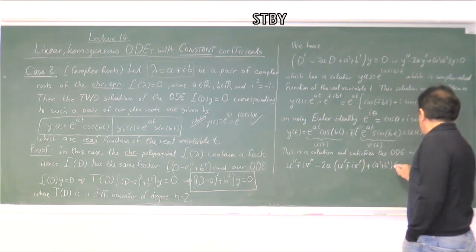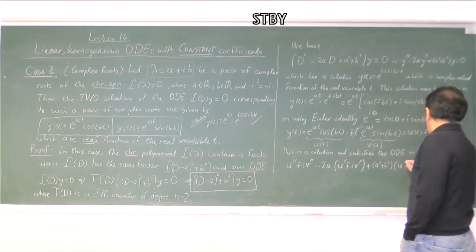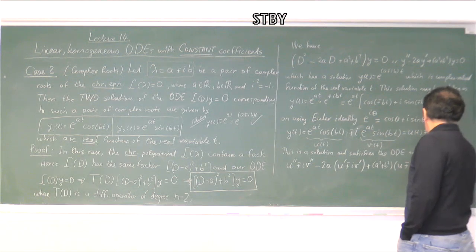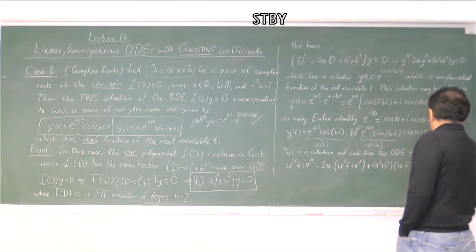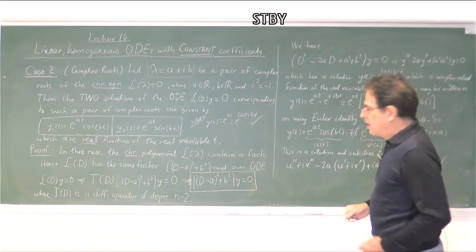So y, of the form u plus or minus i v, gives 0 because it is a solution.